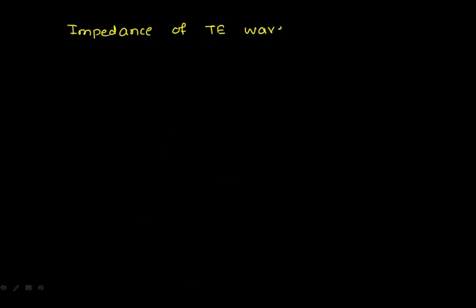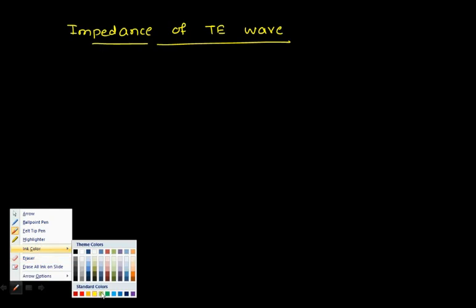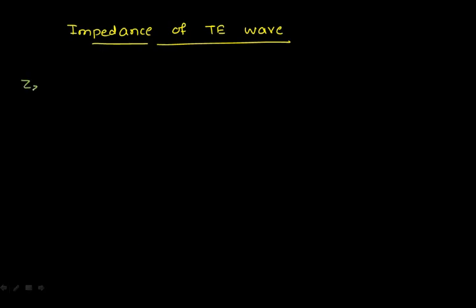So how are we going to calculate the impedance of the TE wave? We know that for the TE wave, the formula will remain the same over here. So I can say Zz is equal to ZTE, which is nothing but the Ex by Hy component. Now these values will remain the same as we have seen over there.